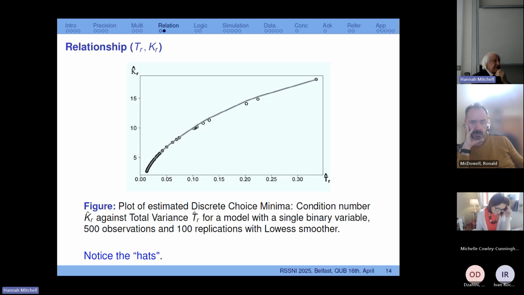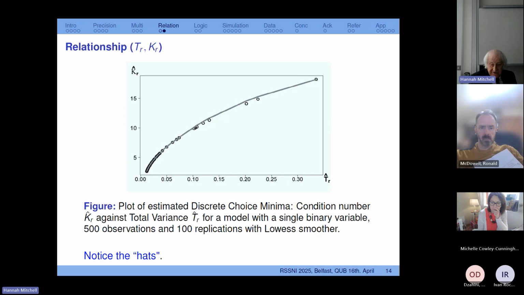It's very difficult to find the analytical relationship for high-dimensional models between TR and KR. We have not been able to do it for models much above 2 or 3 subclasses analytically. But here's an example of the type of relationship you find when you can do it. Okay?